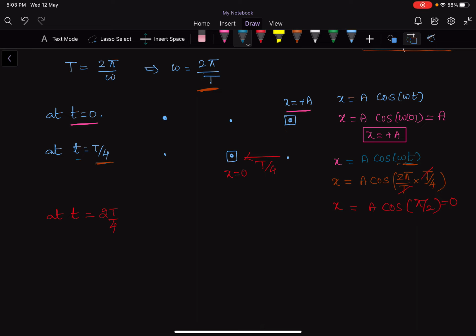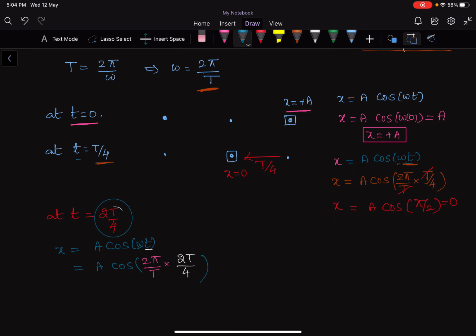Taking x equals a cos omega t and substituting t equal to 2T by 4, we get a cos of 2 pi by T into 2T by 4.